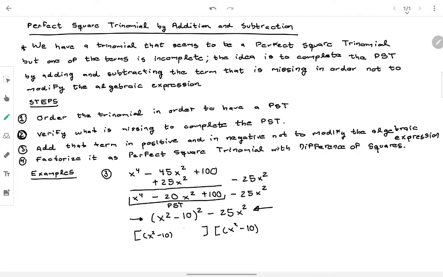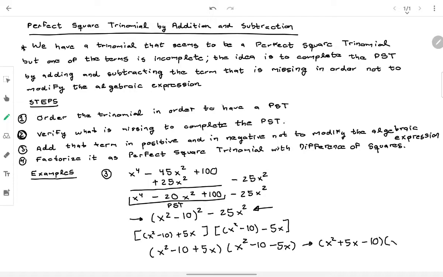And the second term, that is the negative one, is going to be the square root, positive on the first one, negative on the second one. So I can continue, and it's going to be x squared minus 10 plus 5x that multiplies x squared minus 10 minus 5x. I need to order it correctly, and it's going to be x squared plus 5x minus 10 that multiplies x squared minus 5x minus 10. And that is going to be our final answer.